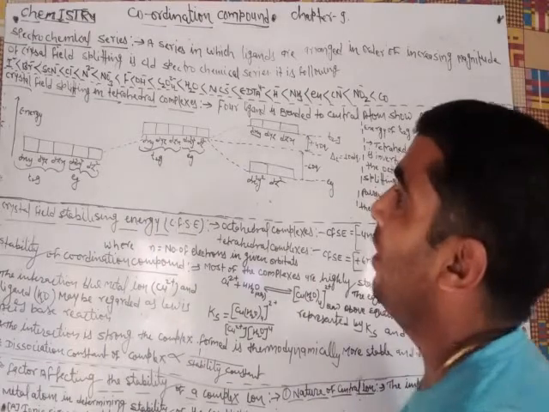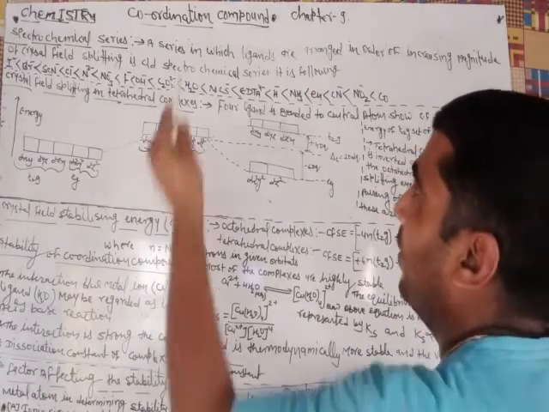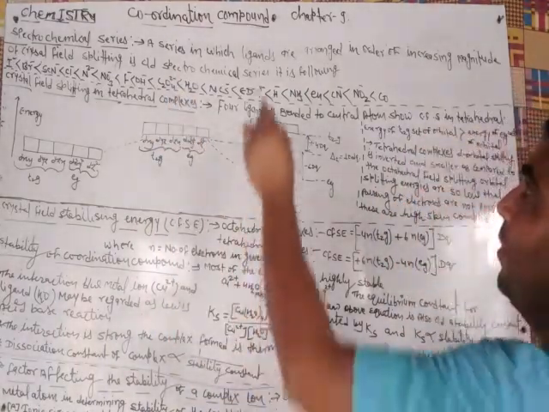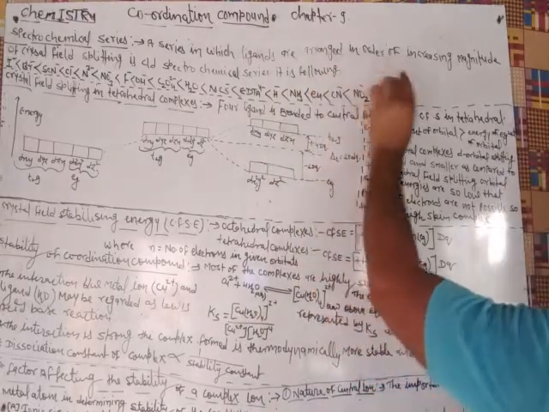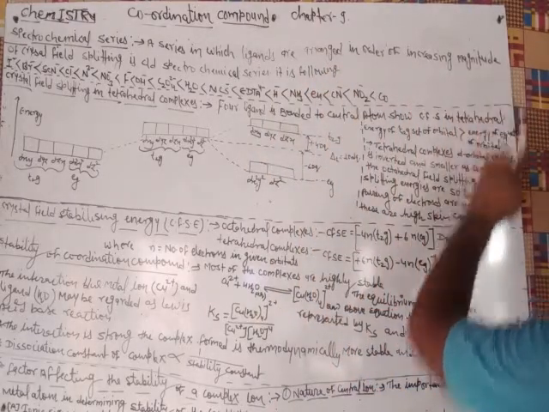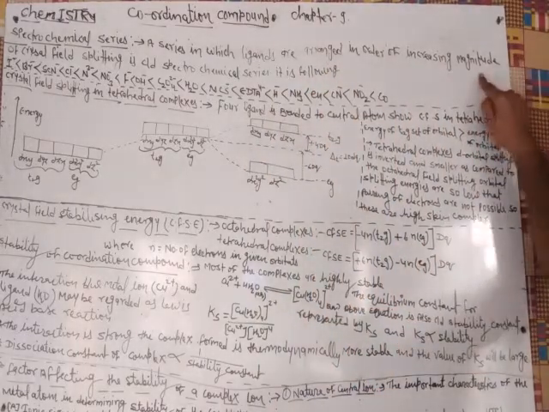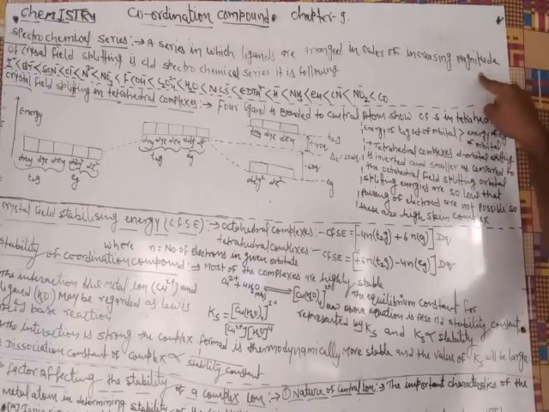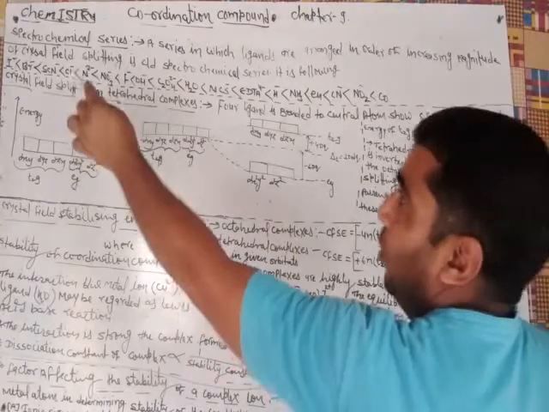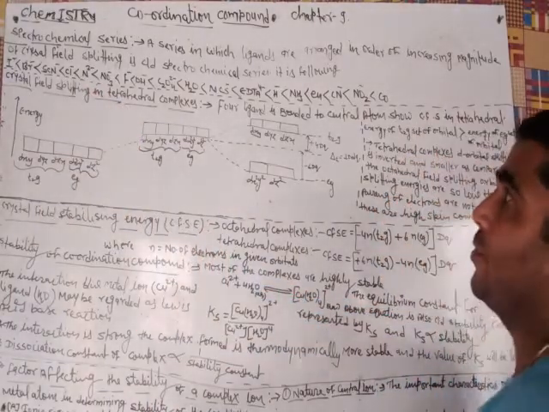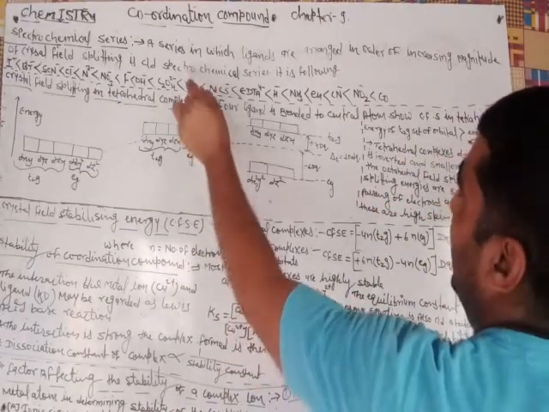Next, spectrochemical series. A series in which ligands are arranged in order of increasing magnitude of crystal field splitting, which decides the stability of the complex, is called the spectrochemical series.